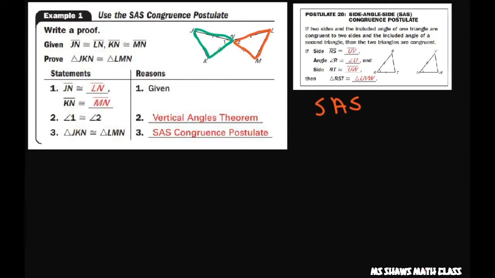What we want is these two angles to be congruent, and they are congruent by the vertical angles theorem. Then it follows that since we have a side, these sides are congruent. So we have side angle side, that they match up for both triangles. That means both triangles are congruent.